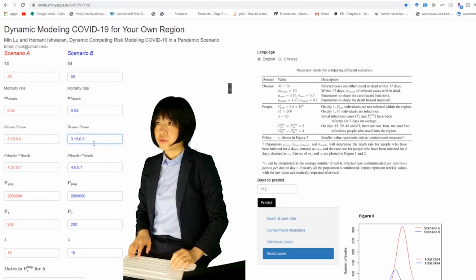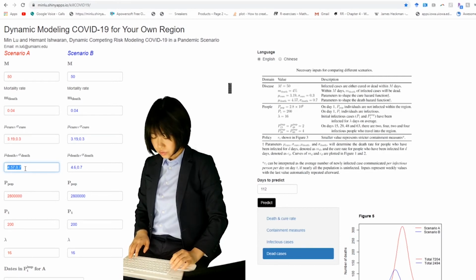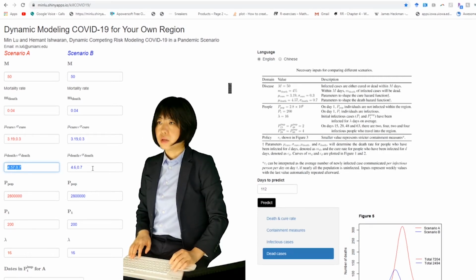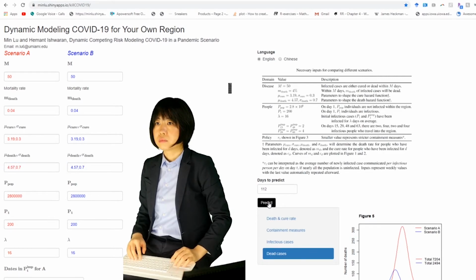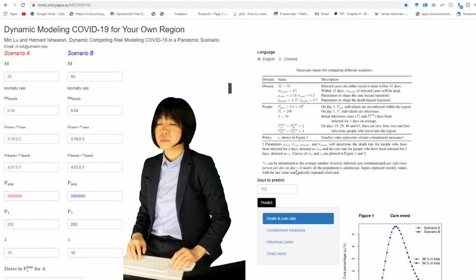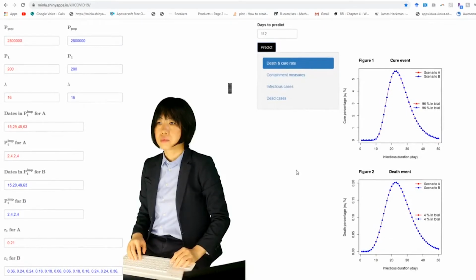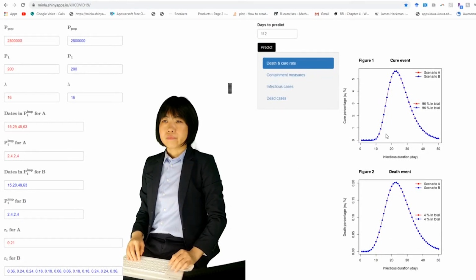For example, if we change the survival curves for the two scenarios to the same level, now the distributions of mortality rate and cure rate in the two scenarios are the same.